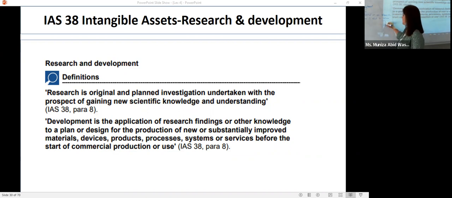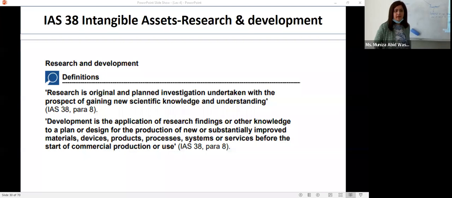And what is that criteria? That criteria can be learned with the help of the mnemonic PIRATE, which we had discussed in F3 as well. Development expenditure will be capitalized as an intangible asset if it is meeting this 6-point criteria, which can be learned with the help of this mnemonic of PIRATE.